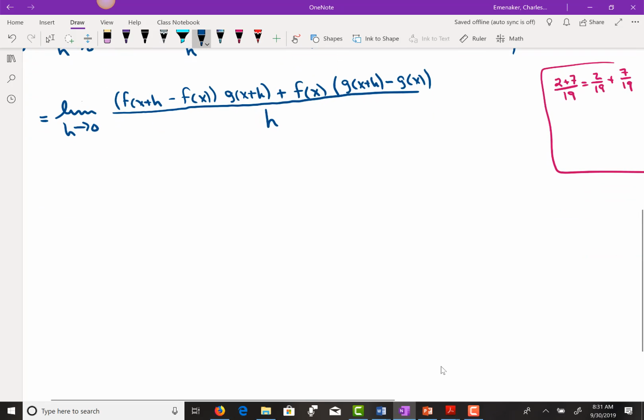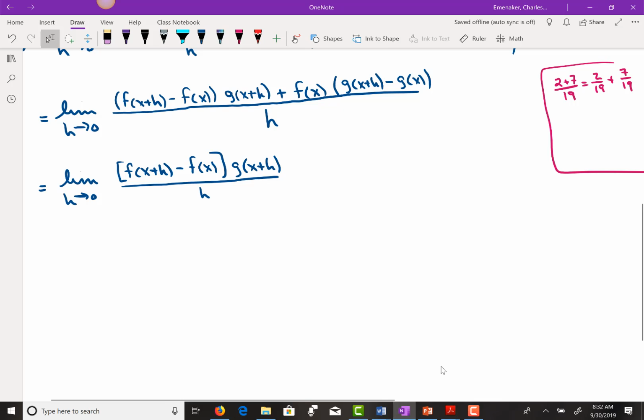We can rewrite this as the limit as h goes to 0. I'm going to have f of x plus h minus f of x times g of x plus h. Now it's going to be over the denominator, h, plus, the plus comes from here.